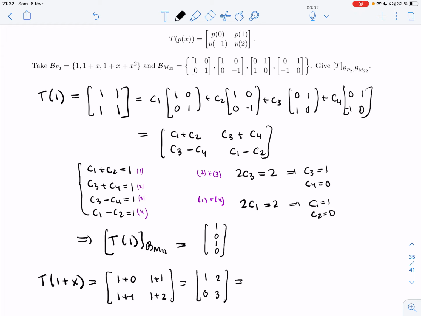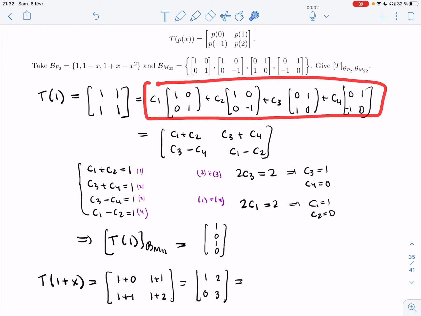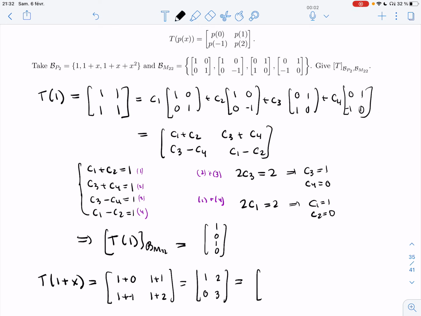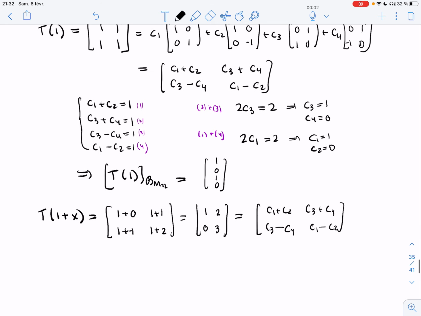And again, I want to write it as a linear combination. So let me just write this directly since we've already done this work once. So I want to write it as C1 plus C2, C3 plus C4, C3 minus C4, C1 minus C2. So I need C1 plus C2 to be 1, and let me write the fourth one right away. I know these two are going to come together.